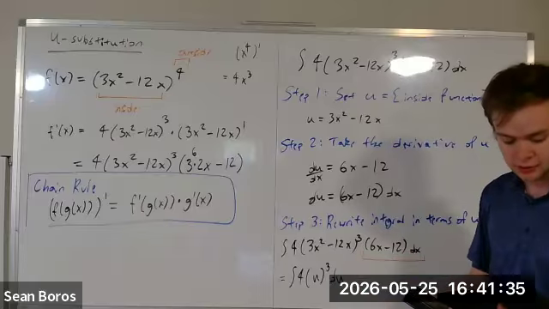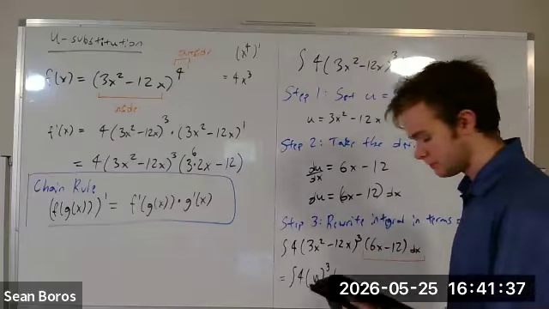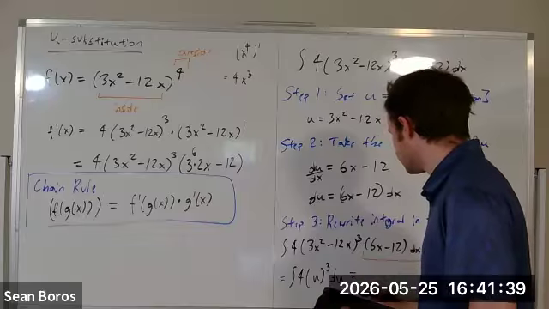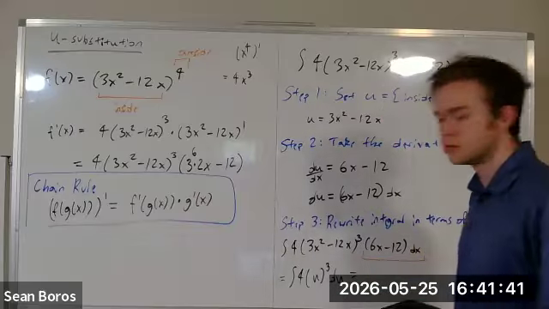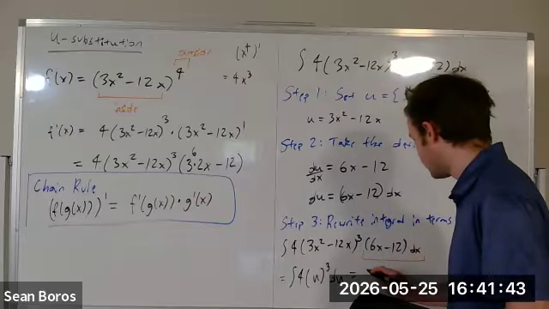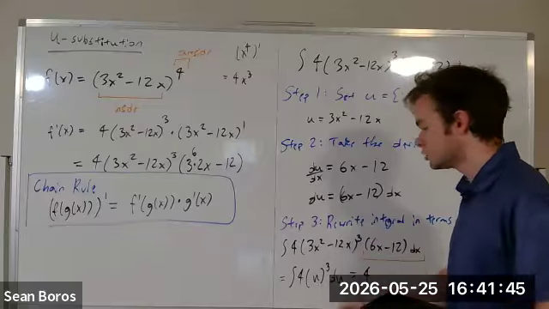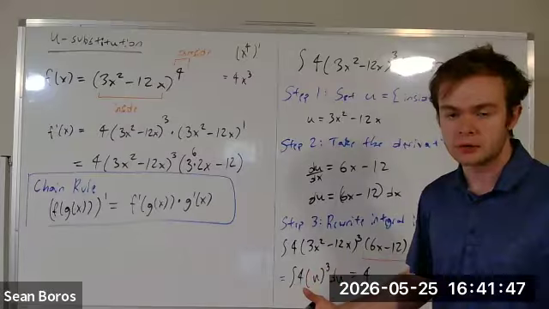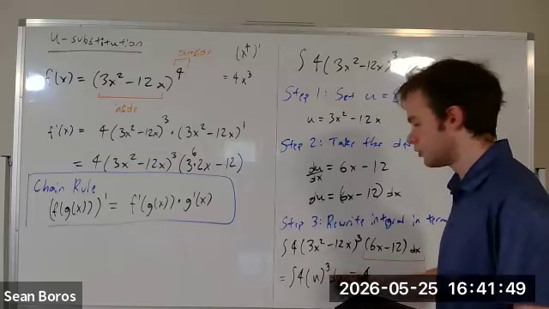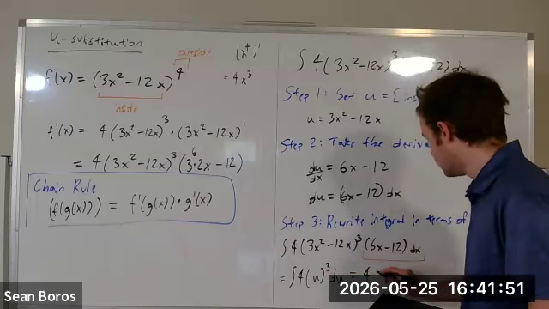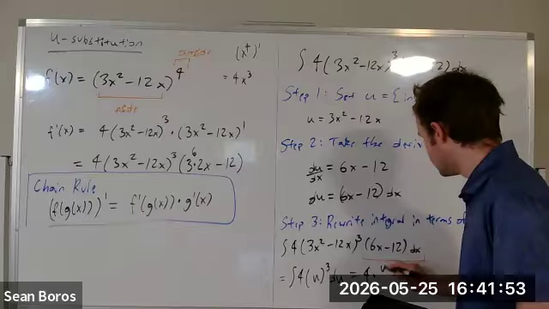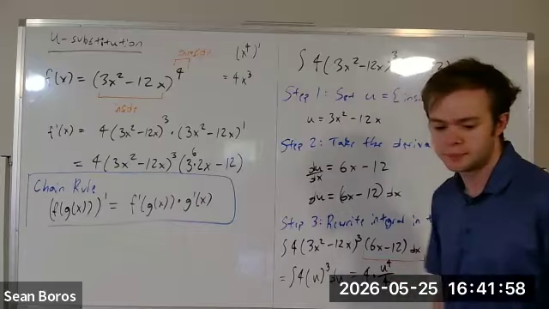Now we can actually take our integral. Okay. The integral of this should be 4 times the integral of u to some power, let's say u to the third power. What we're going to do is increase the power by 1 and divide by the same number.